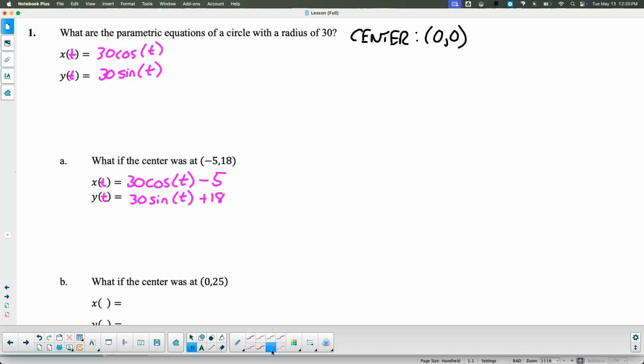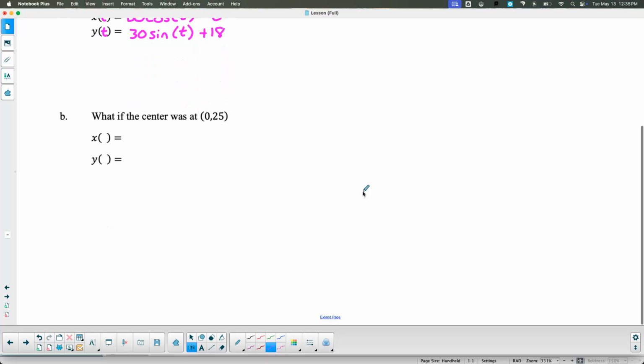Same circle, center is now at 0, 25. x of t is 30 cosine of t.